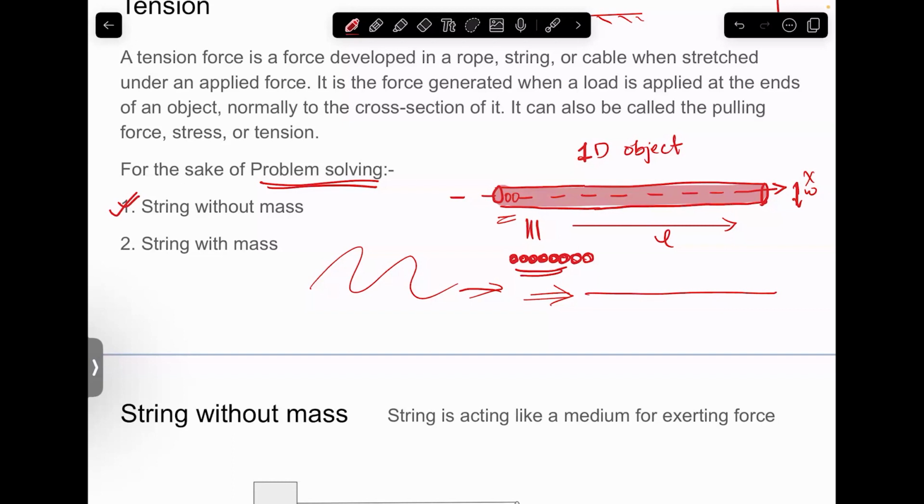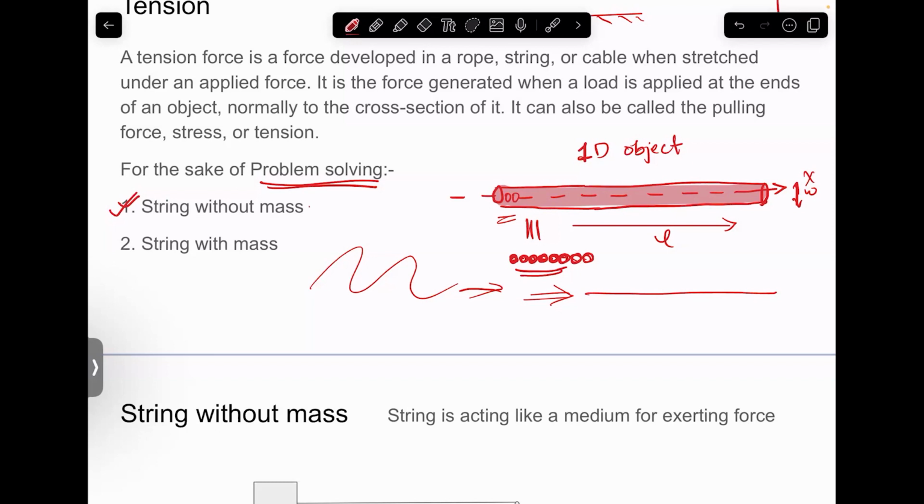That kind of rope or string will have less than 50 grams. This is the kind of string we are dealing with when we talk about a string without mass.